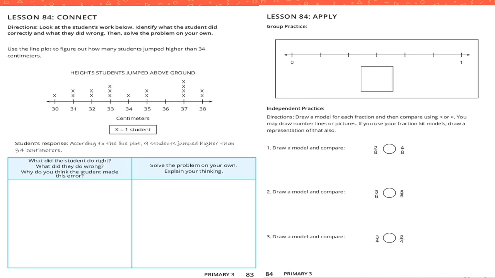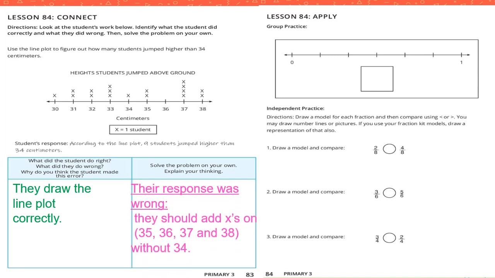What did the student do right? They drew the line plot correctly, but what is the mistake here? Their answer was wrong because they should add the students on 35, 36, 37 and 38 without 34.